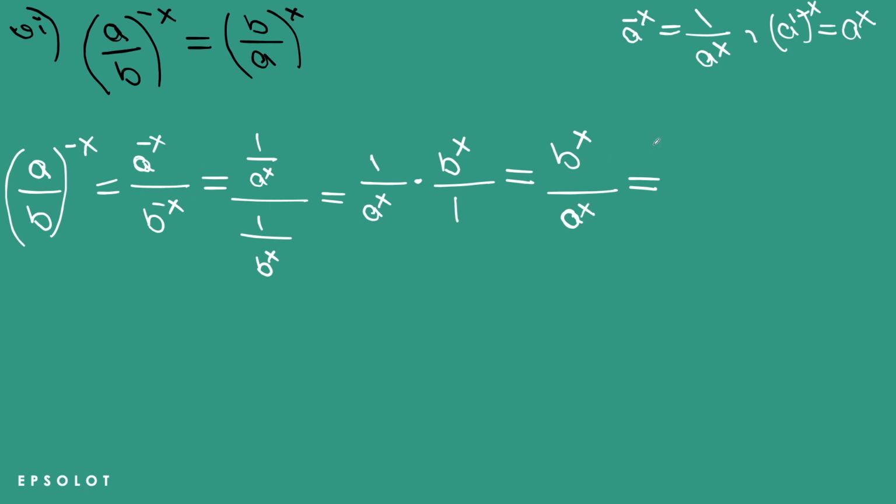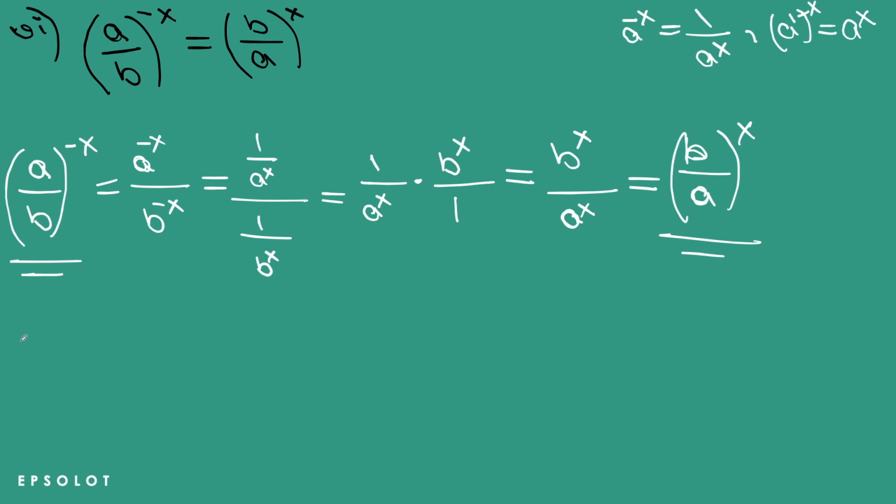Therefore, we can rewrite this as b divided by a, in a bracket, to the power of x, right? Because they're both being raised to the same power, we can put a bracket and put the x on the top. So now we have achieved this expression from this expression. So essentially, this one is just equal to this one.